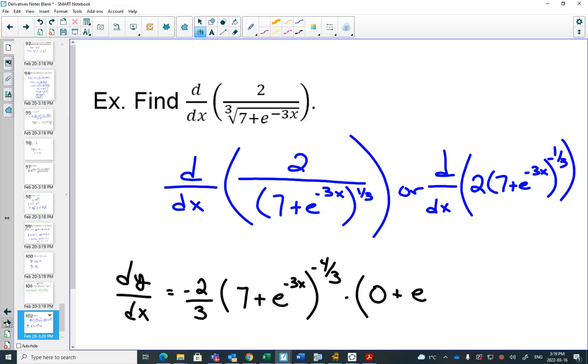So we would have e to the negative 3x, because the outside function is the e function, multiplied by the derivative of the inside. And again, for the most part, in a question like this, you wouldn't have to simplify anything. You could leave it like that. Okay? But Aiden, you should check if your answer matches up.